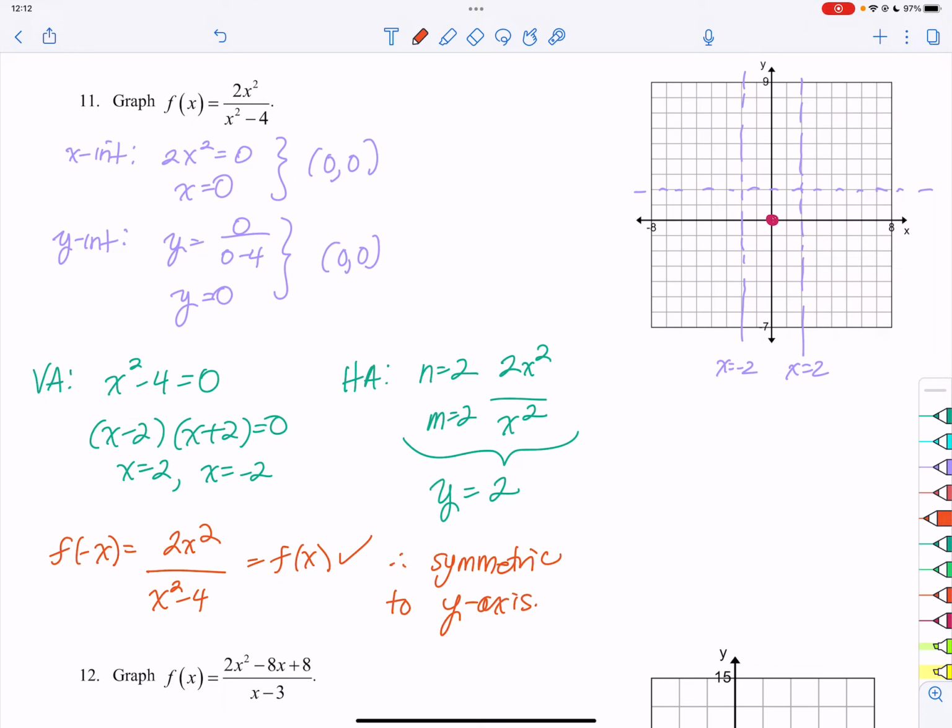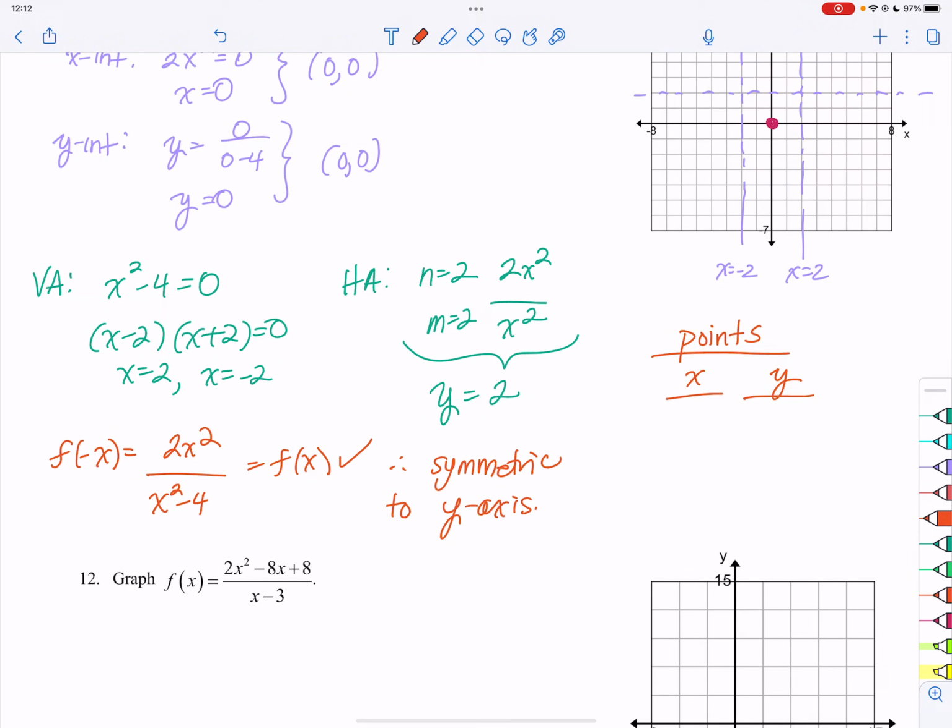So now, if we have some points, and we can have x and y, we have -1, -3, 1, and 3. If you plug these in, I'll just go ahead and give you these, but you can check those.